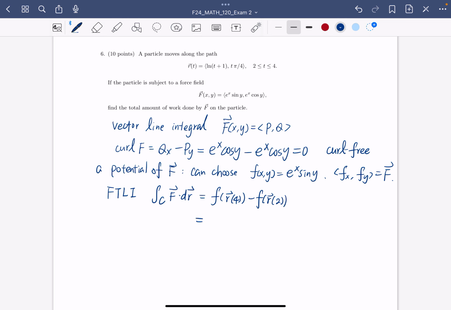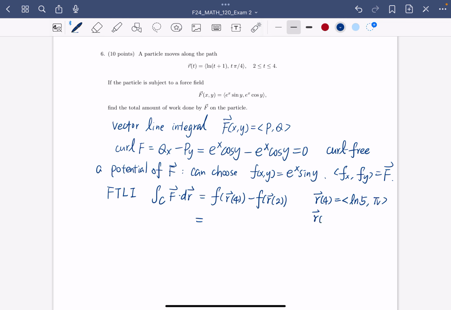So r(4) equals ln(4+1), so natural log 5, and pi.